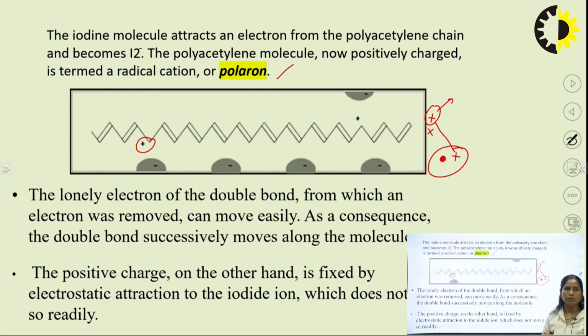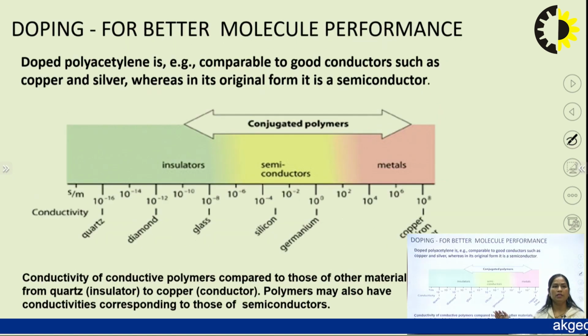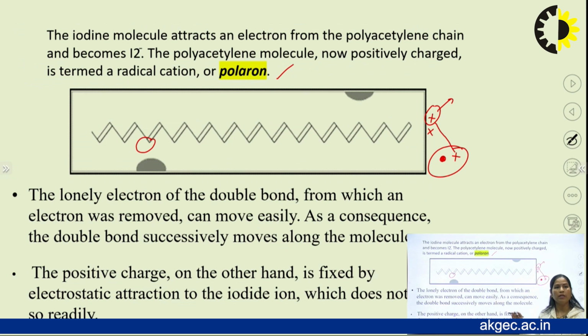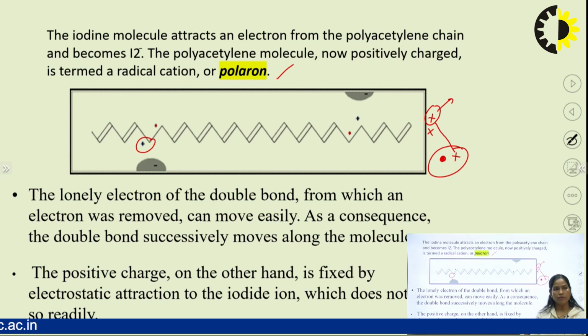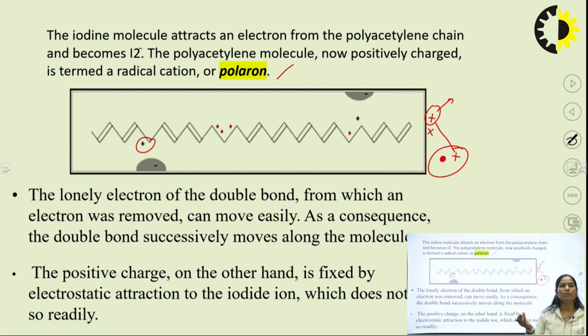So the only electron of the double bond from which an electron was removed can move easily because it is very much free in nature. The positive charge cannot move as readily as the free electron, because the positive charge is fixed by some electrostatic attraction to the iodide ion.